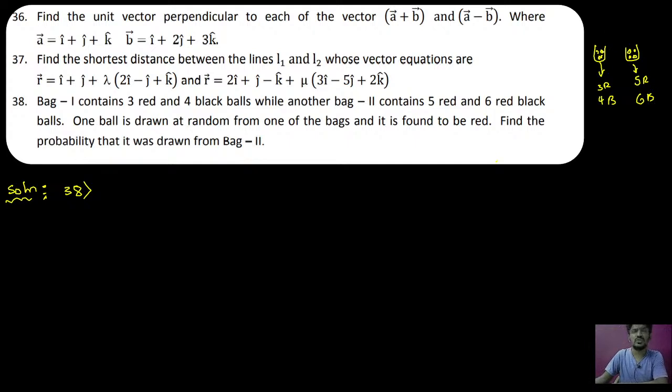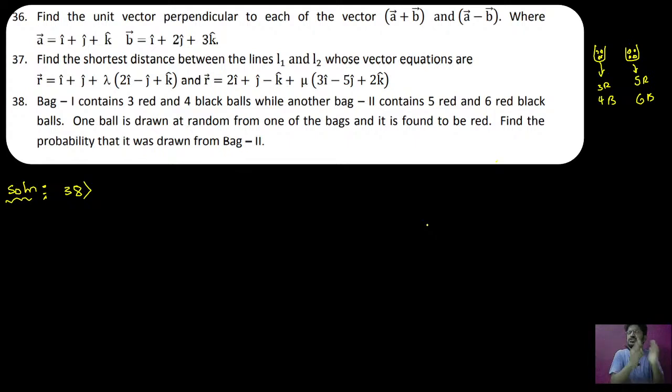Now we have to find the probability that the chosen ball, drawn from one of the bags, was found red. That means the ball is already taken, one event is already over. What is that event? The choosing of a red ball is already over. Now you have 2 bags.